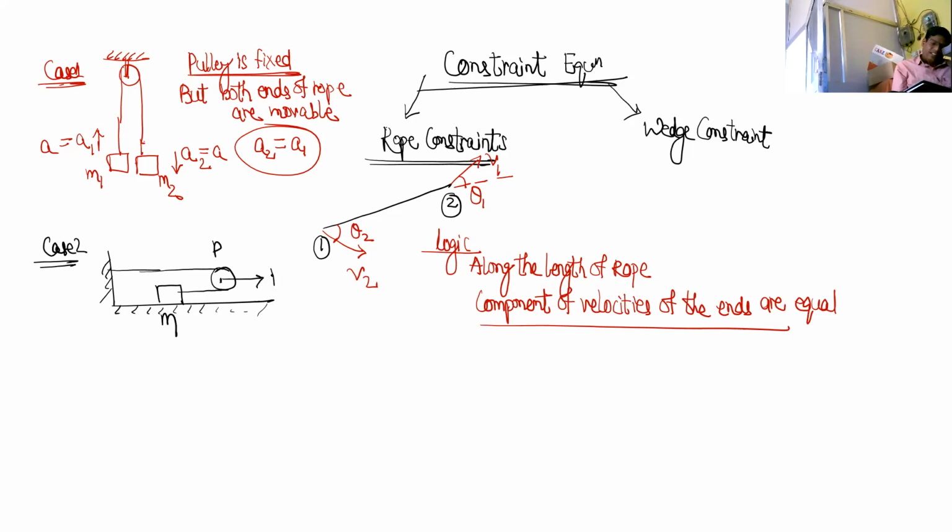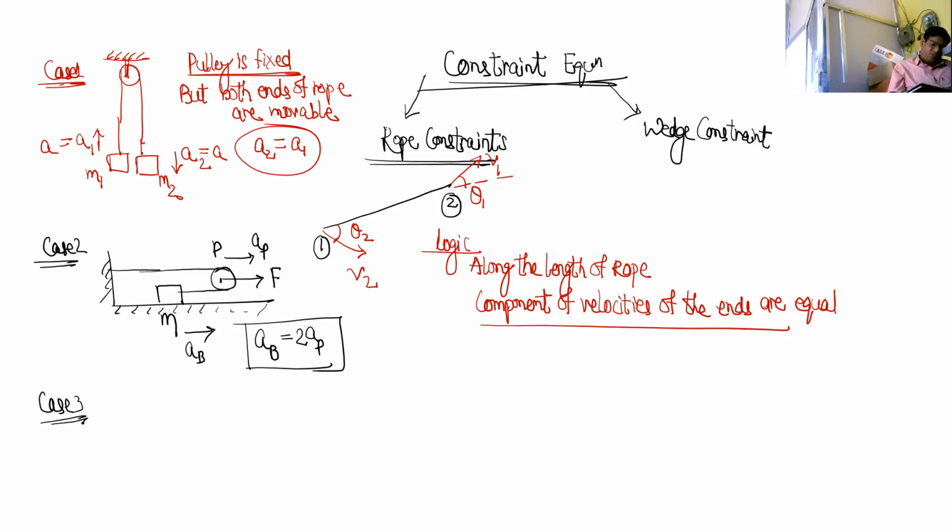Let's say someone is pulling the pulley by applying a force F. So here you see the pulley will move with some acceleration, and you see the block will also move with some acceleration. Now there will be a relationship between them. What is the relationship? Here the acceleration of the block will be twice the acceleration of the pulley. Got it? Barsha, is this clear? Acha, then case 3.